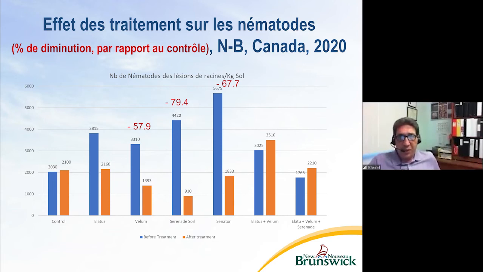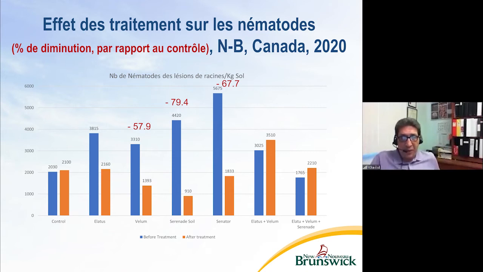So these were the results from 2020. This shows the effect of different treatments on the number of root lesion nematodes in the potato field. And it's the percent decrease in number of nematodes relative to the control is shown in this picture.